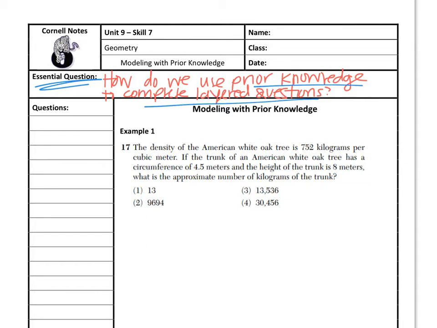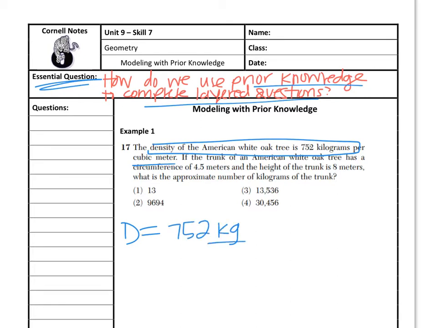When we look at this first problem, it says the density of a white oak tree is 752 kilograms per cubic meter. I'm just going to write down important information: 752 kilograms per cubic meter. The trunk of the tree has a circumference of 4.5 meters, so C equals 4.5.